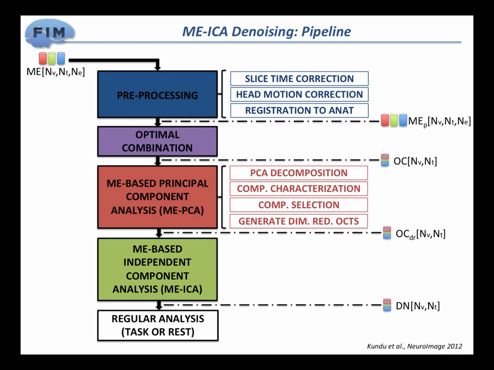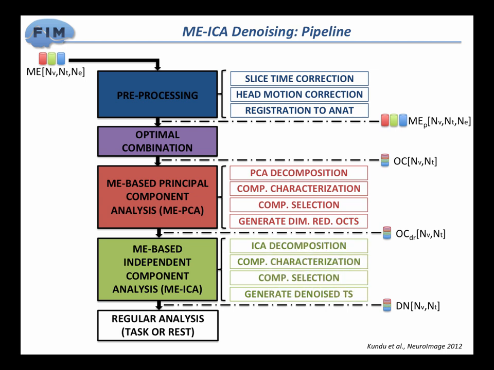So as I was saying, for the PCA decomposition, there is the PCA itself. For each of the components, there is the characterization, meaning it computes the kappa, the rho, and potentially other things. There is the component selection, which is not based on variance, but based on those other characteristics. And it selects a few of them, reduces the dimensionality, creates some optimally combined time series again after the PCA, and those are given to the actual ICA step, and the same thing happens.